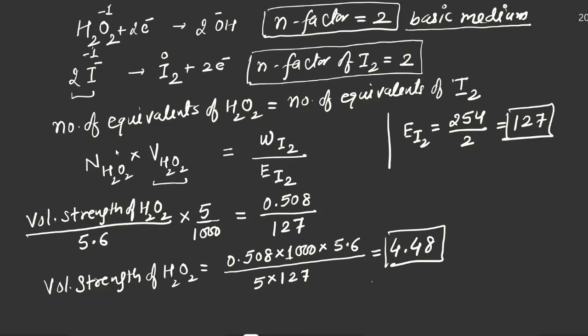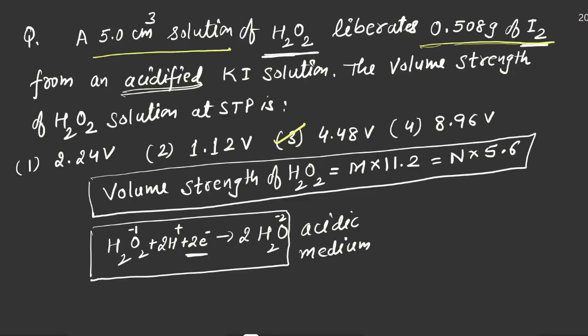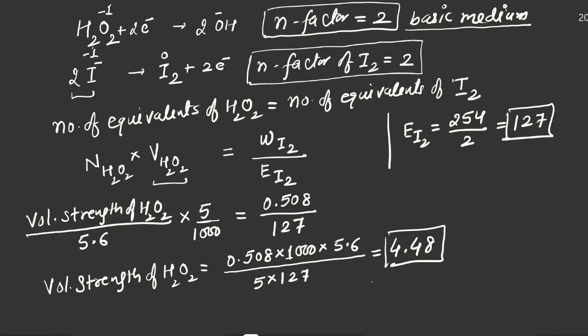N factor in both cases we know, and then normality we have converted into volume strength, because volume strength of H2O2 is equal to normality into 5.6. So normality equal to volume strength of H2O2 divided by 5.6. That's it.